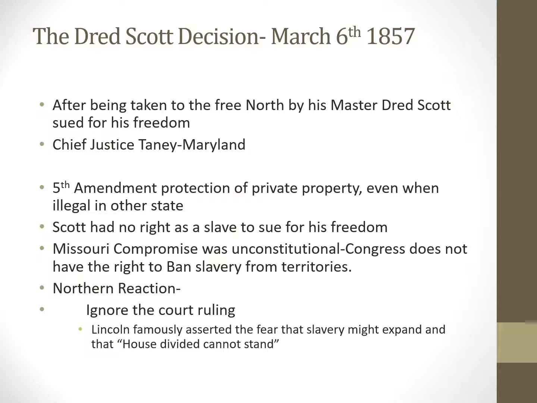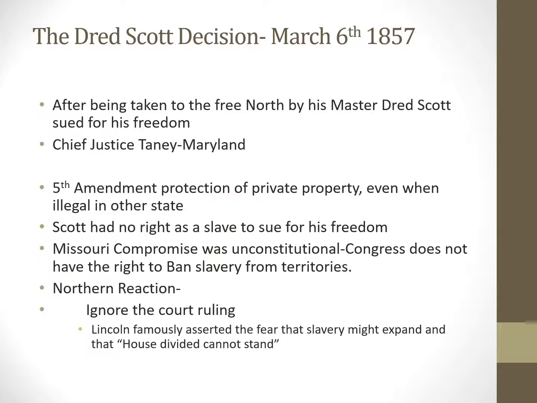The reaction to that was a very significant development, and of course it encourages Stephen Douglas, the Illinois senator, to begin to develop his Freeport Doctrine, which promotes popular sovereignty in the new territories. But the Northern reaction is largely to, A, ignore the court ruling, and B, further assert a kind of sectionalist position on the issue.